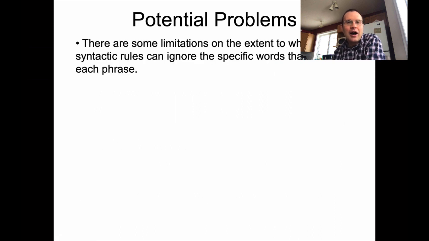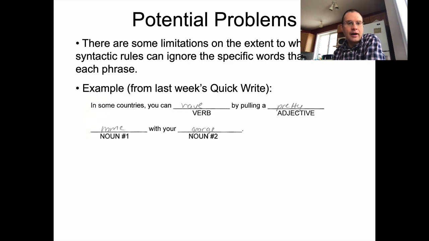Okay, so I want to say, though, that to a certain extent, the specific words that fill in the slots that we're portraying in these tree structures for sentences actually do matter to how the different structures can fit together. There are some limitations on the extent to which the rules can just ignore which words are fitting into each phrase. We kind of saw this a little bit from the Mad Libs quick write last week.